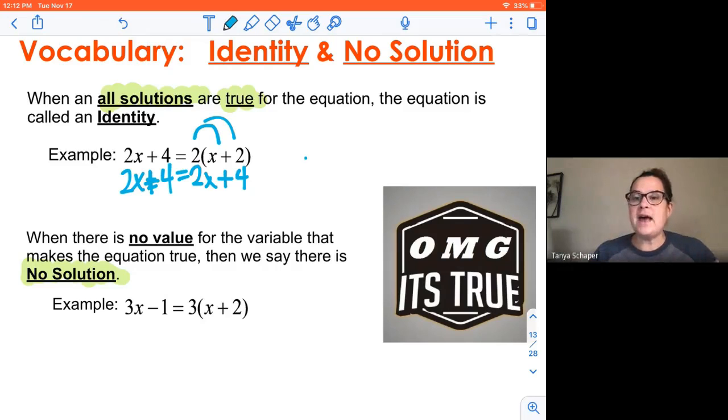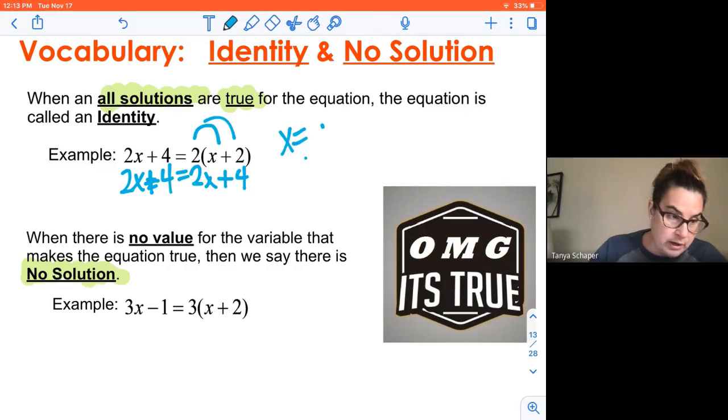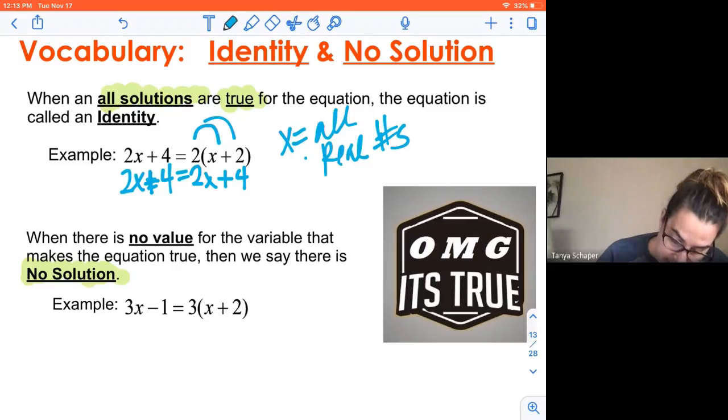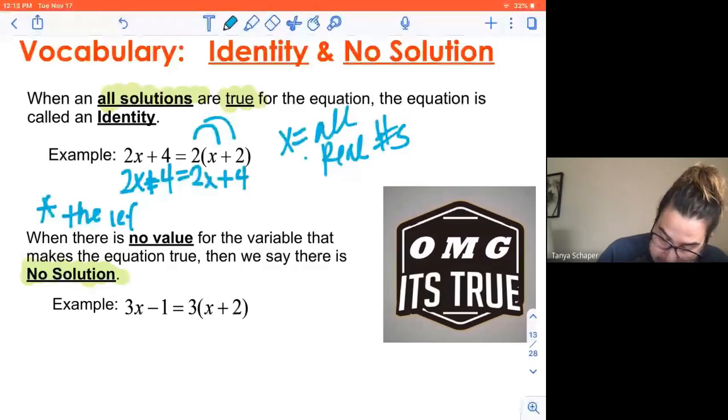When both sides of the equation are exactly the same, we say that x equals all real numbers. Okay, not all real hashtags, all real numbers. And so that is when the left and the right are exactly the same.